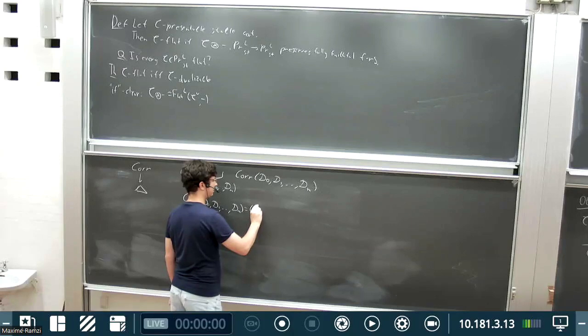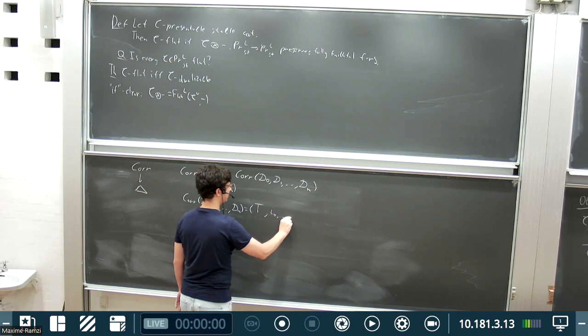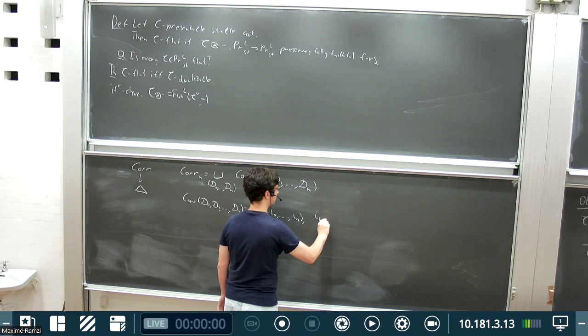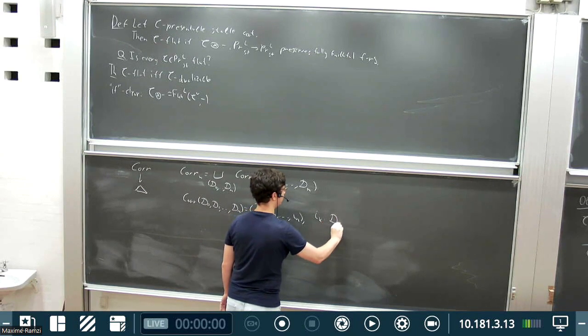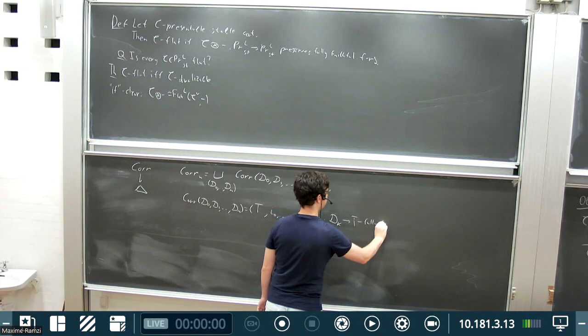This is basically the data of a presentable stable category T with inclusions i0, etc., in, where ik is from Dk to T, fully faithful continuous.